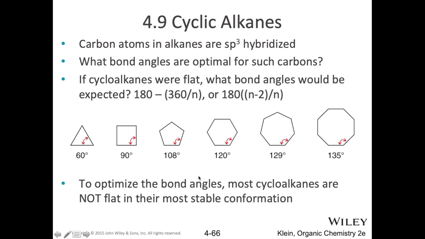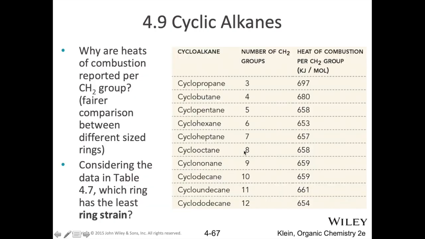It turns out that cyclopentane and cyclohexane are very stable among cyclic compounds. Cyclohexane, especially, is one of the more common cyclic alkane systems you're going to come across.